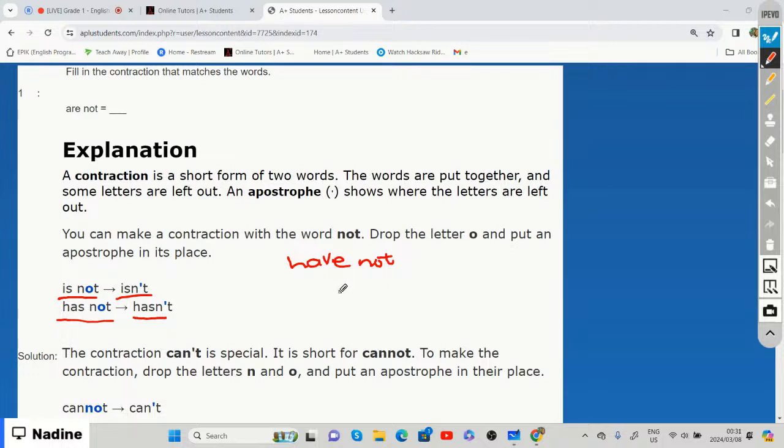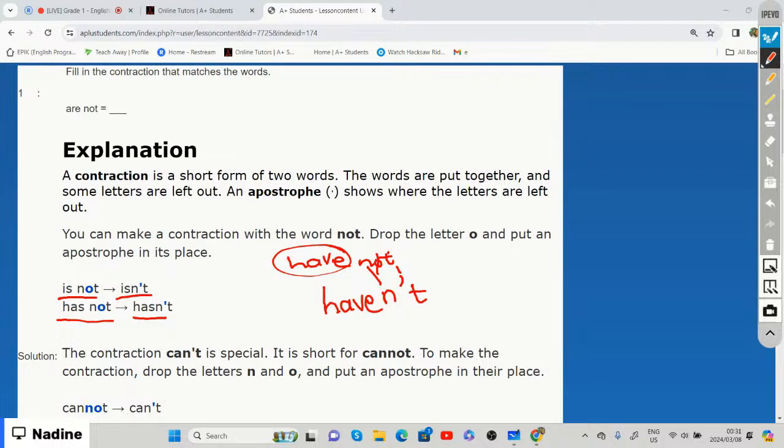So have not. When we write, for example, have not, we bring down have, right? We bring down the first word. And then all we do is we bring down the N, we remove the O, put the apostrophe in the place of the O, and then we bring down our T. So haven't, right? Haven't.